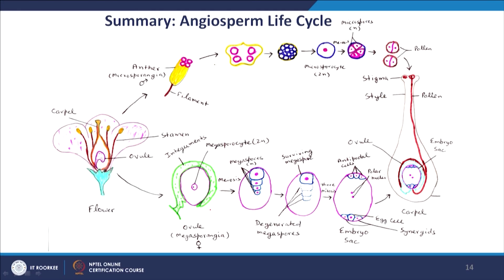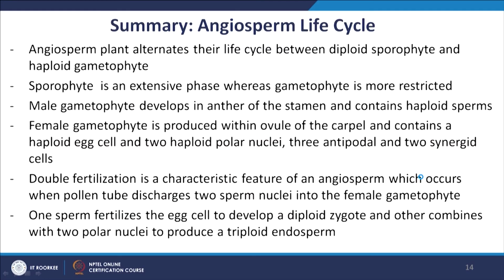Female reproductive organs generate the embryo sac, which contains the egg cell and polar nuclei, through megasporogenesis, and then pollination and fertilization complete the double fertilization, and these entire structures develop as seeds.